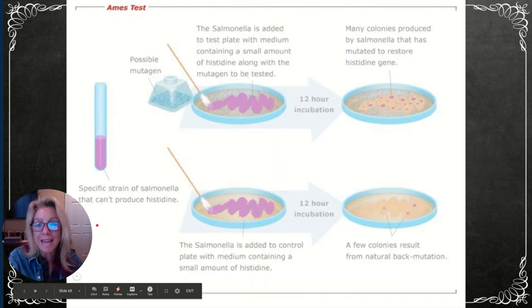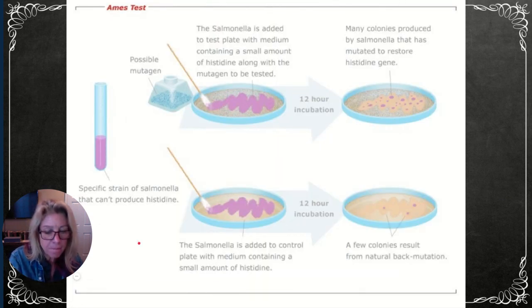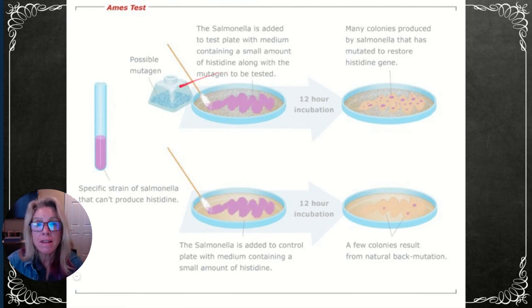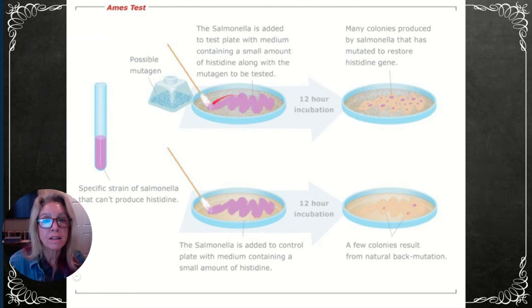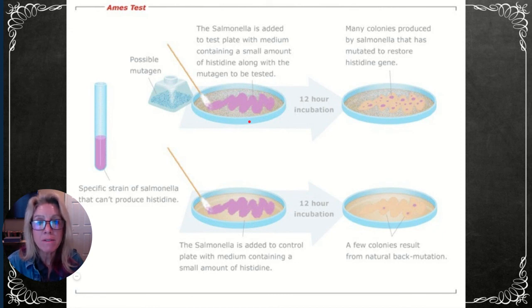So there is what's called the Ames test to see if something is mutagenic. Just showing you right here, they will take a specific strain of salmonella that doesn't have the ability to produce histidine, and they will mix it with a possible mutagen and, after it incubates, see if it has the ability to grow on a medium that does not have a supply of histidine.